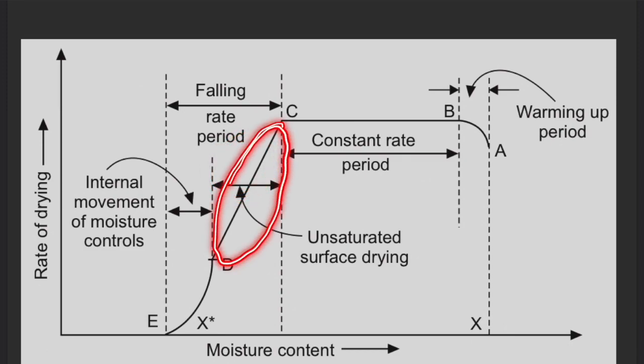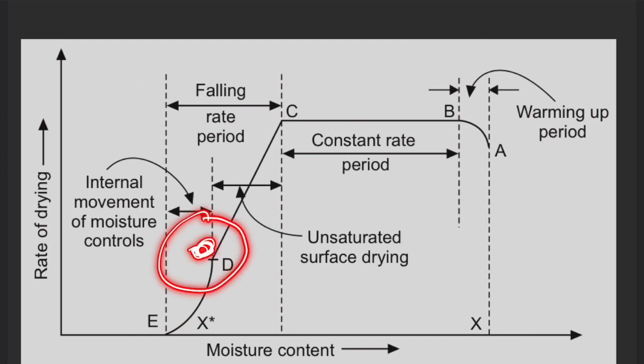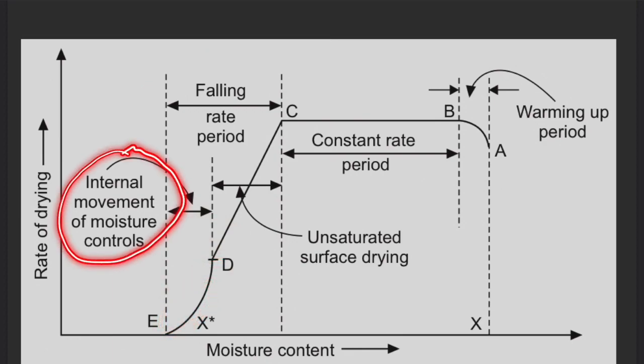In this region dry patches start to form on the solid, and beyond this point D, this D to E is also a falling rate period, but this one is mostly non-linear. In this region there is drying from the very core of the solid. So in this phase the internal movement of moisture controls, and there will be internal movement of moisture inside the body in this D to E.